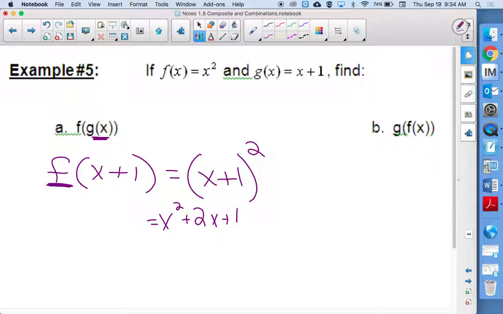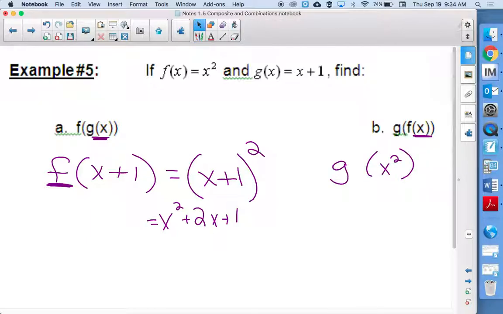So this time in the middle is the f function. So we're going to take that middle function, which is x squared, and then you're applying that to the other function. So look at the middle, use the middle function and apply it to the other one. So the other one said x plus 1.